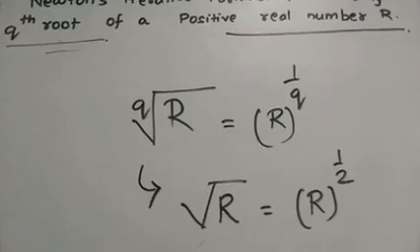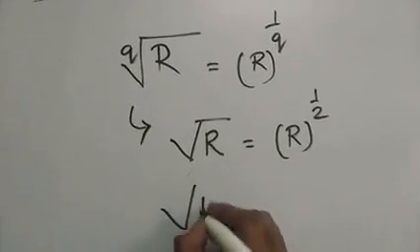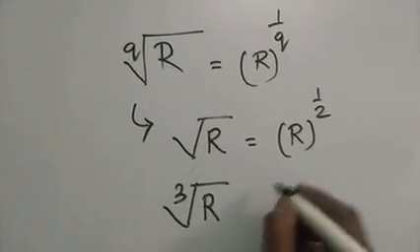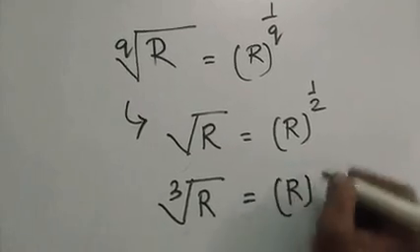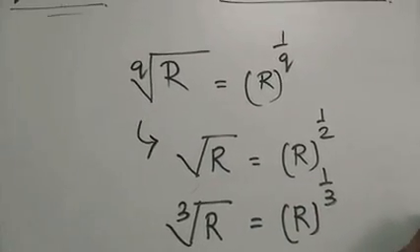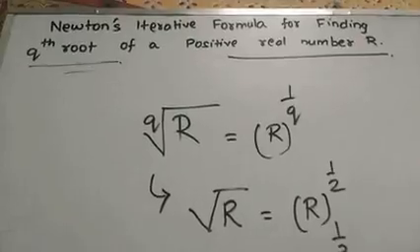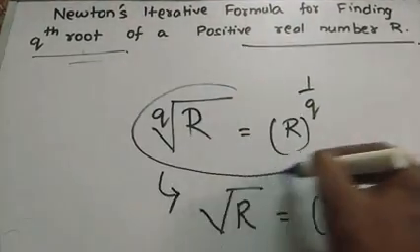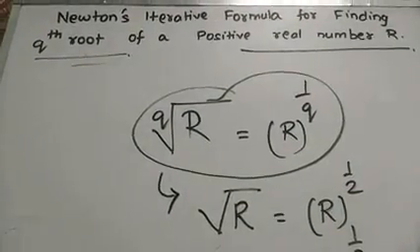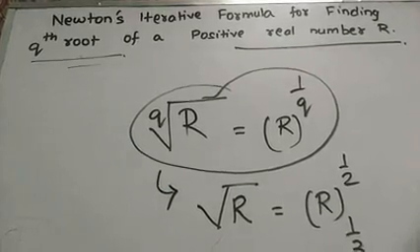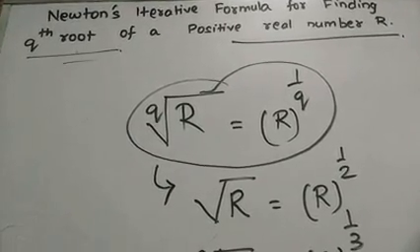Half. If I say cube root, what is the power of r? 1 by 3. So basically, here we are going to find the qth root value of r with the help of Newton's iterative formula. So now let's proceed.